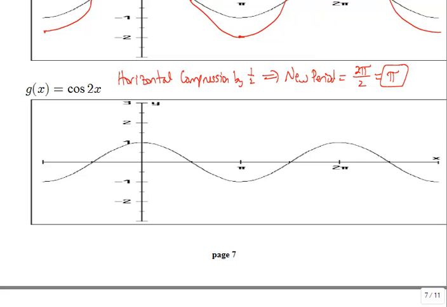So how do we draw this with this new horizontal compression? Well, we're not shifting anywhere, so this starting point will still be at 0, 1, but instead of stopping over here at 2 pi, now I need to stop at pi. And I'm going to stop up at a height of 1 like I'm supposed to over here, but now I'm just shortening up this width a little bit.